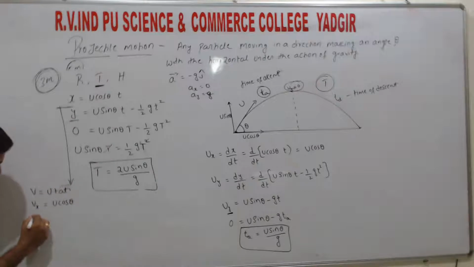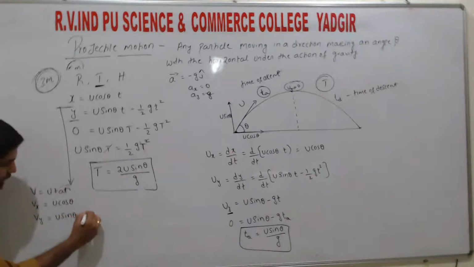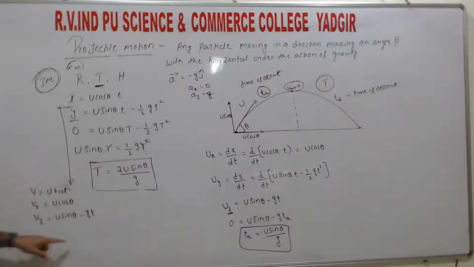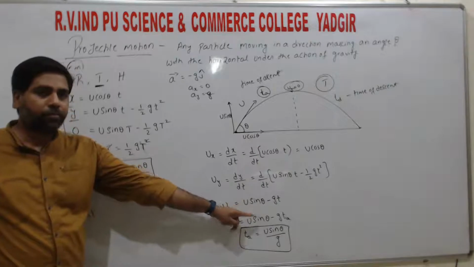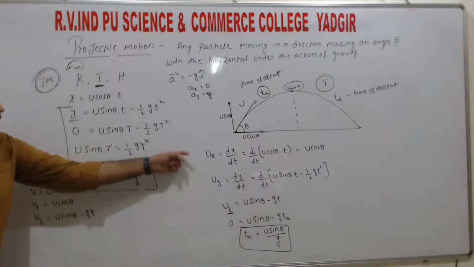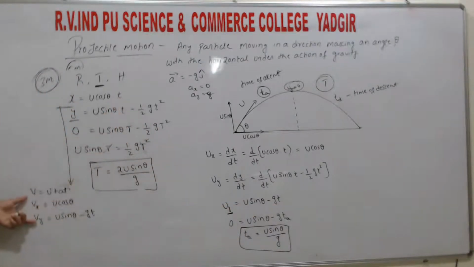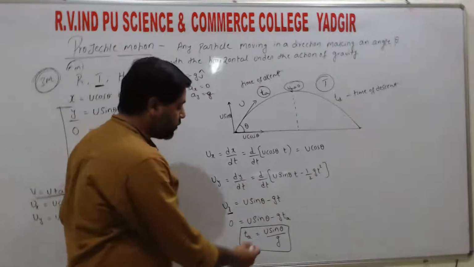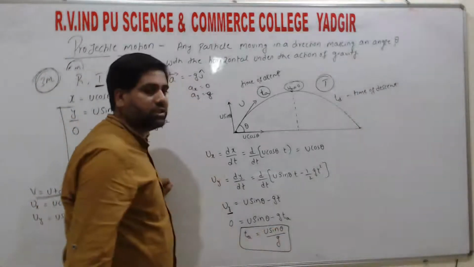If we write the same, vy is equal to u sin theta minus a, which is g t. So we get the same relation. So either we can differentiate these two equations or use this relation. Using this relation, we can write these two, ux and uy. So this gives the time of ascent, which is u sin theta by g, right?